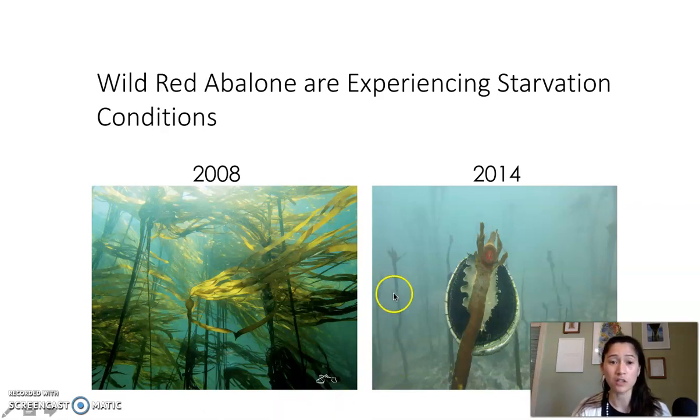So this picture is illustrating on the left in 2008 versus on the right in 2014. There were huge drastic reductions in kelp forest cover off the California coast, something like 90% reduction in some places because of these warm water temperatures. So these abalone are actually experiencing not only high temperatures, but also starvation. This picture on the right is a sad abalone trying to crawl up a stalk of kelp to eat the fronds of kelp, but there's none left because they're all gone.